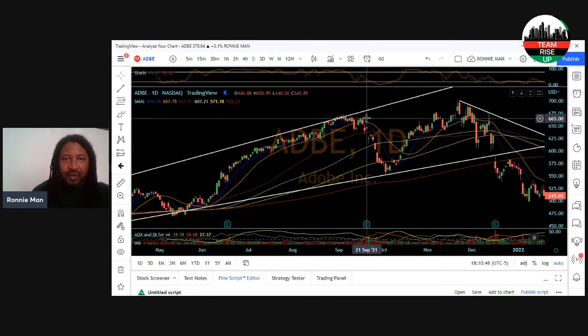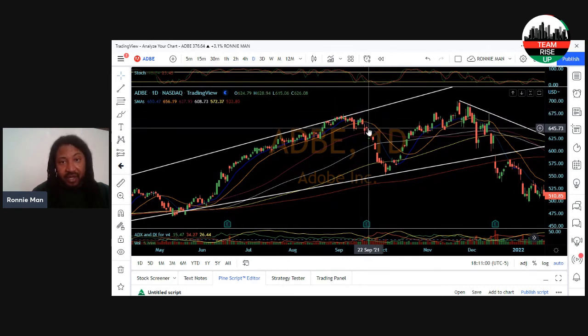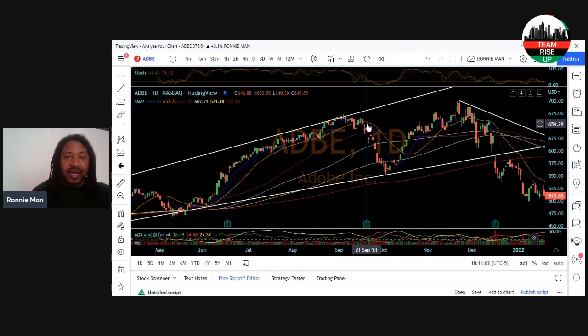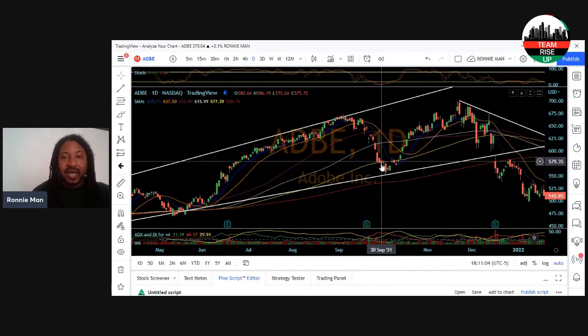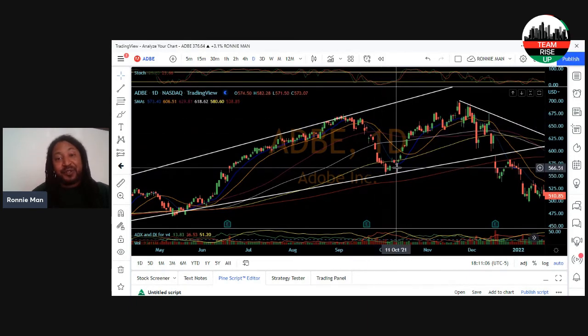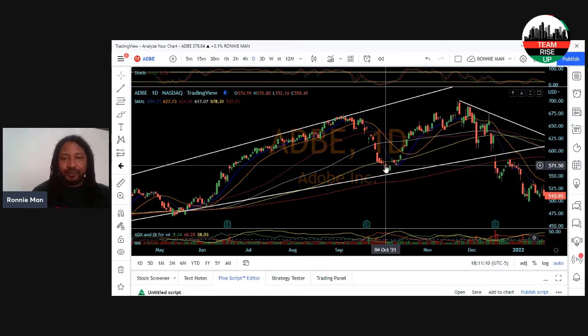I remember paying attention to this trend line and all this consolidation right before they went to earnings. And I grabbed some lotto puts on Adobe and I said it was going down here. And I'm sure people in the trading group were probably looking at me like I was crazy. But look at what I had going on.